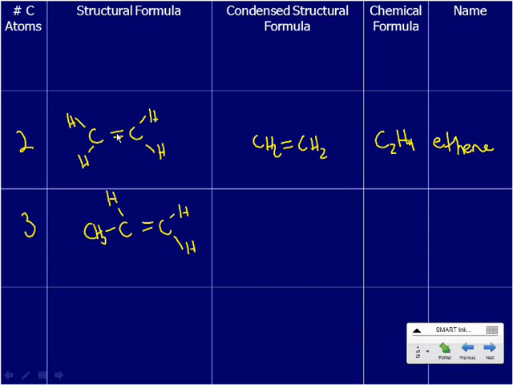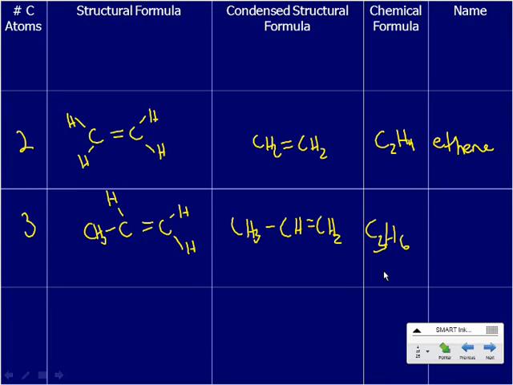The carbons flanking the double bond are sp2. They're trigonal planar in shape. This one here is an sp3 hanging on the end. CH3, CH, double bond, CH2. C3H6.